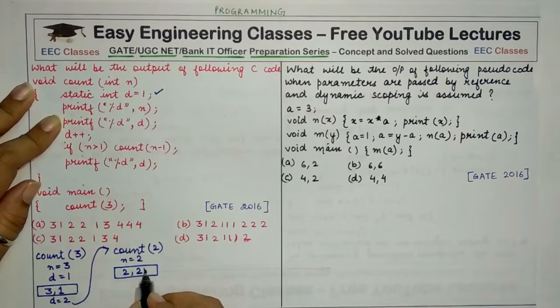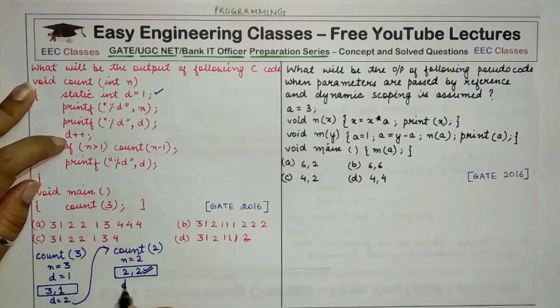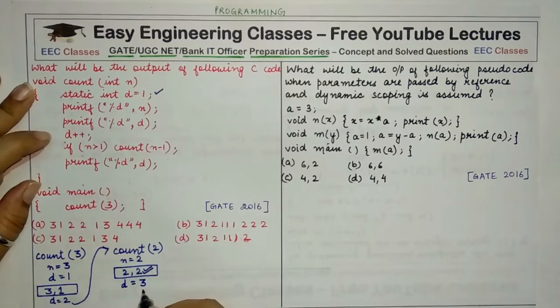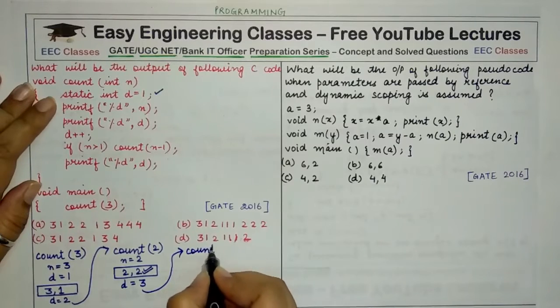Alright, this is an important statement, and you need to know what is the value of d if it is a static variable. Now d is incremented. So the value of d becomes 3. If n is greater than 1, yes, n is 2, and we'll make another call to the count function which is count of 1.